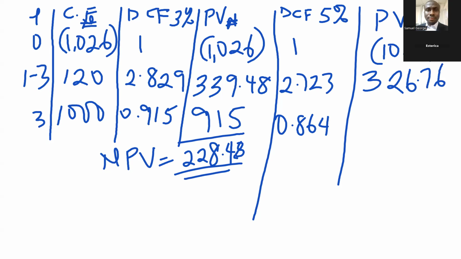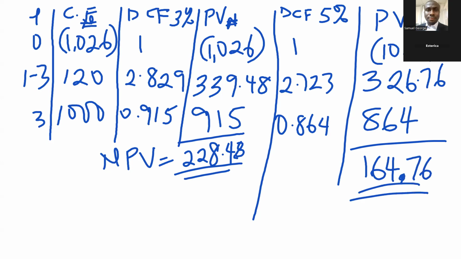Then 0.864 times 1000, I'm getting 864. Okay, 864 plus 326.76 minus 1026, which is 164.76. That is the NPV of the higher rate.